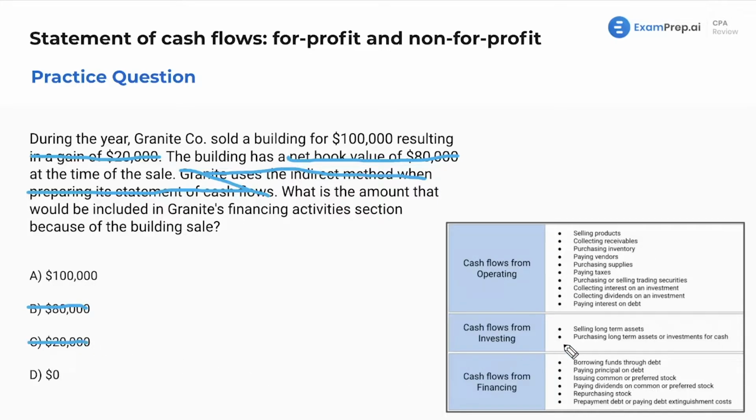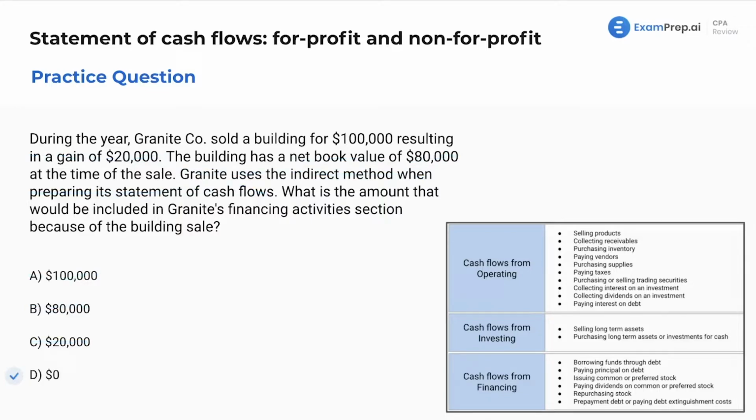Purchasing or selling long-term assets or investments such as a building, we know that's going to be cash flows from investing. Cash flows from financing are activities where you raise money or pay back money that you were borrowing, or you're incentivizing others to give you money to finance your projects. So this is an investing activity, not a financing activity. We're going to cross off 100, leaving us with an answer of $0. We have no financing activities in this question.